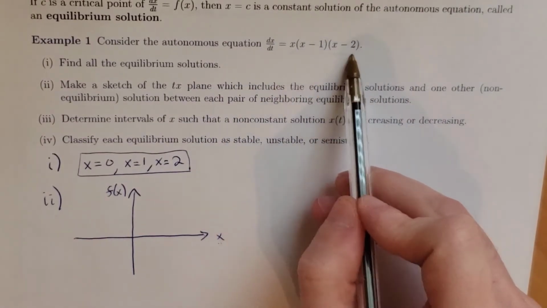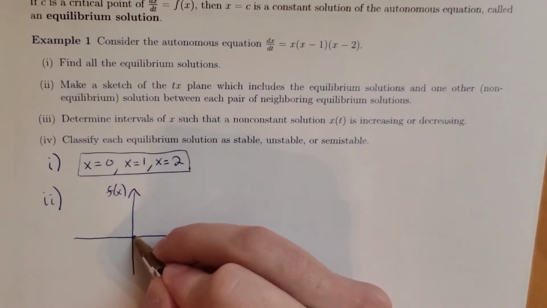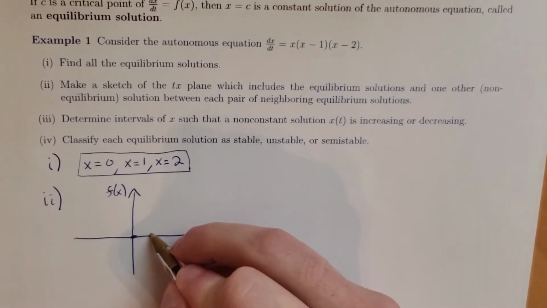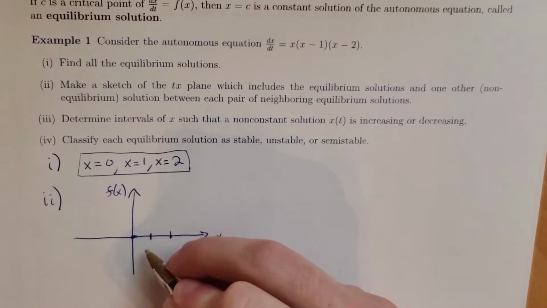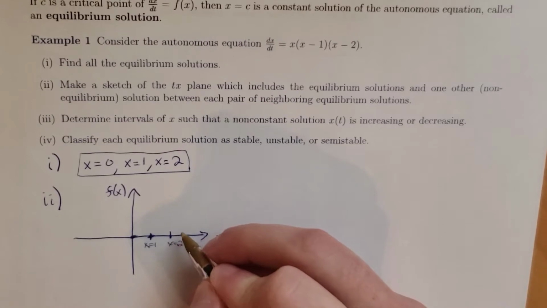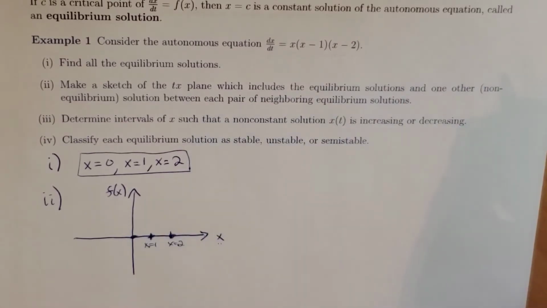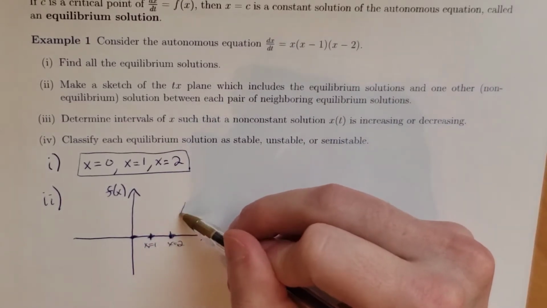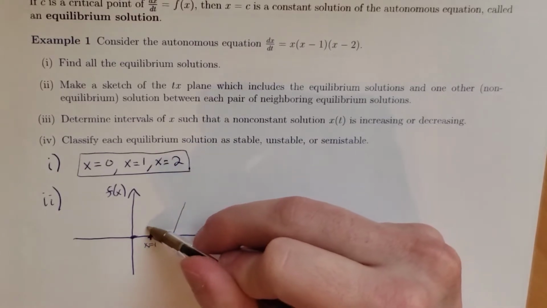So let's draw this graph. Well, this is a cubic with critical points x equals 0, 1, and 2. A cubic should look like this.